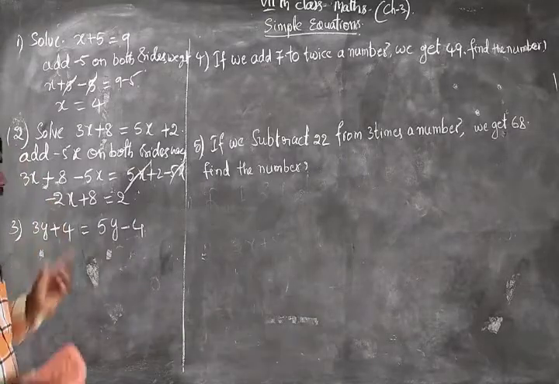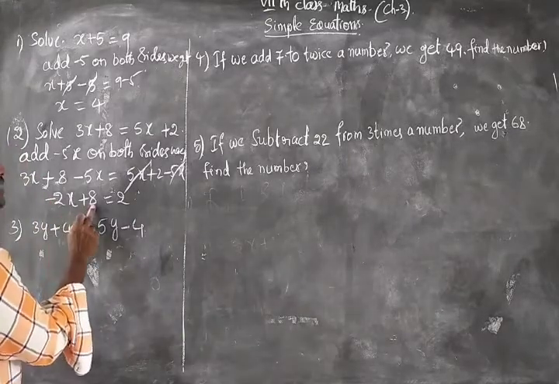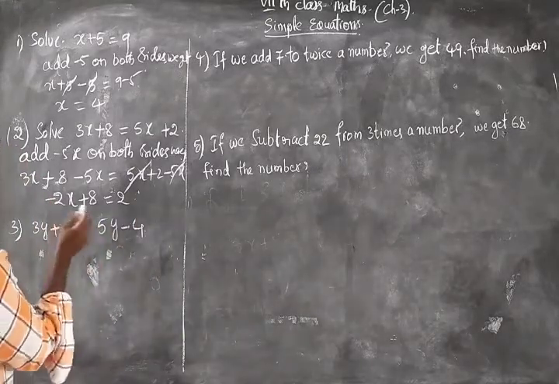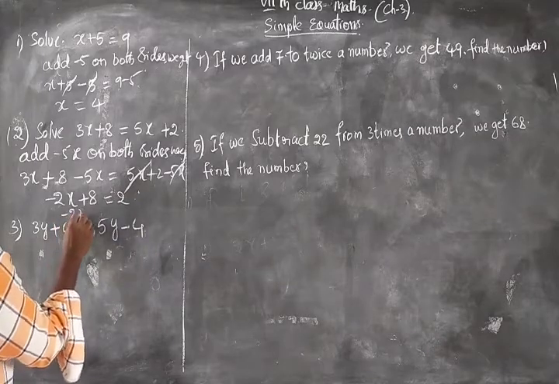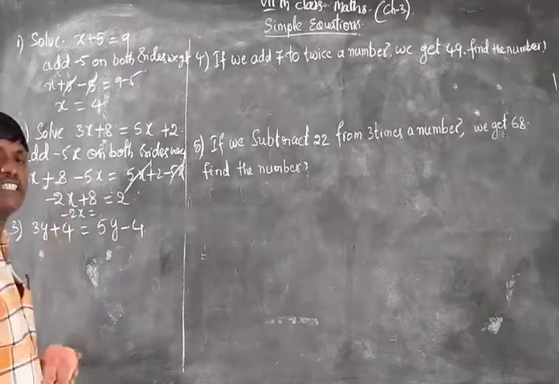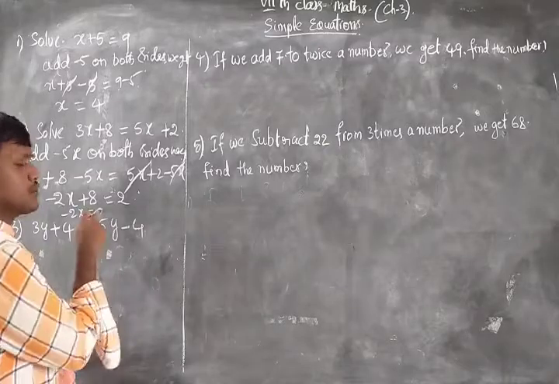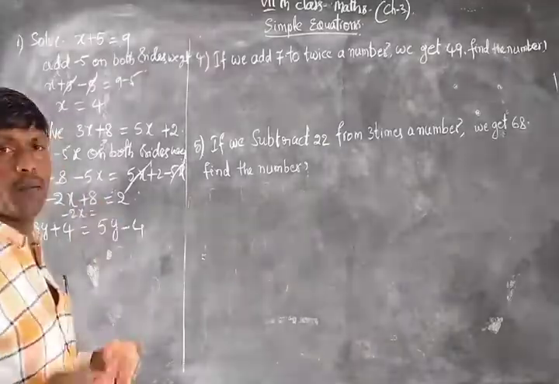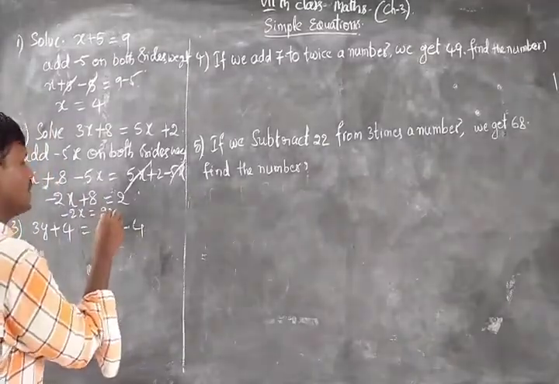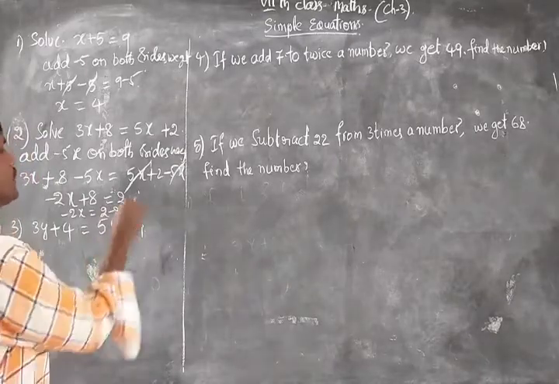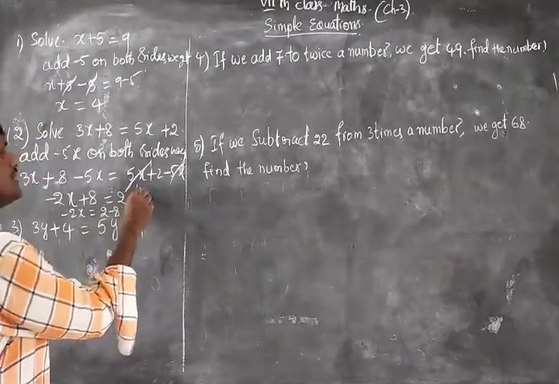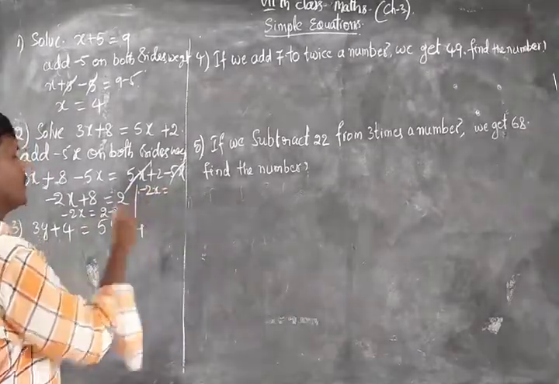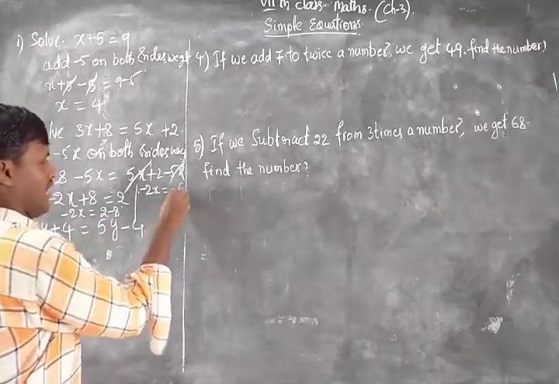And transposing 8 to the right side. How would you transpose? Minus 2x is equal to plus 8 becomes minus 8. When you transpose to the right side, this becomes minus 8, we get 2 minus 8. How much is it? Minus 2x is equal to 2 minus 8, the value is minus 6.